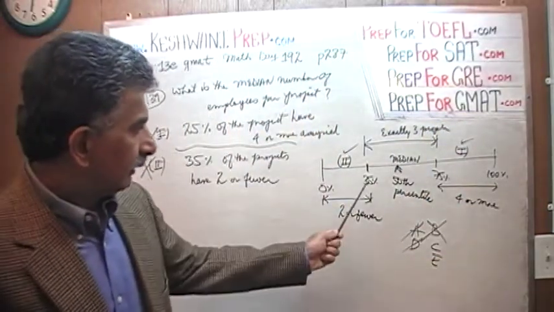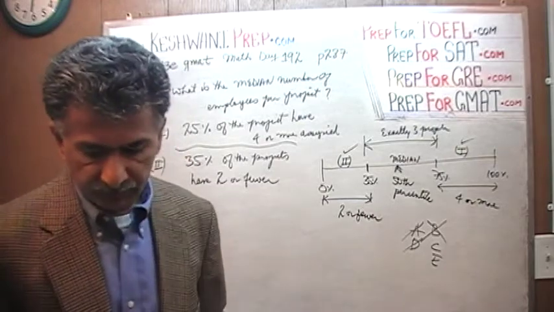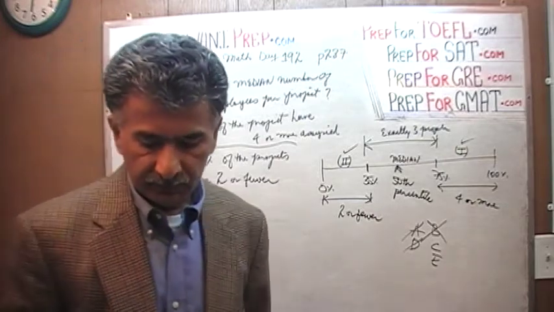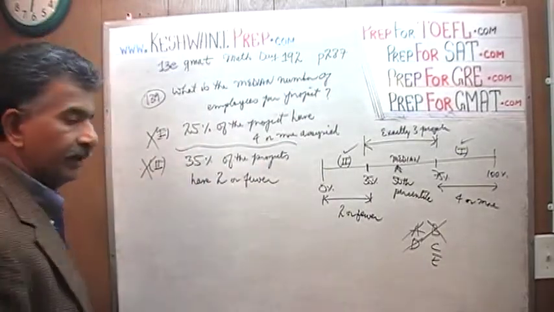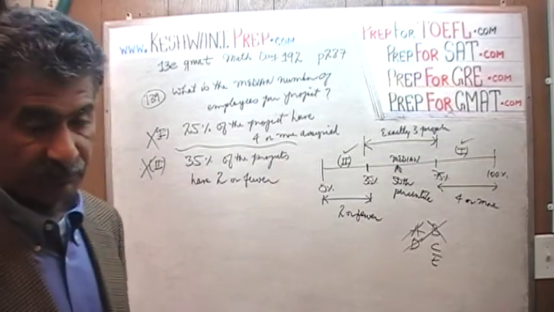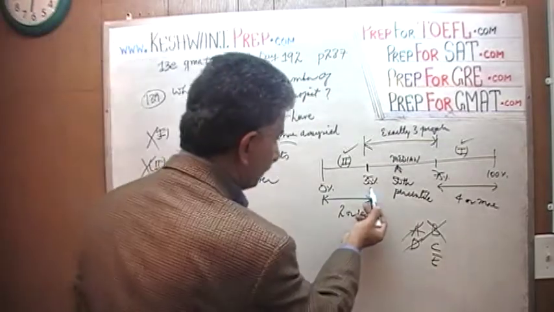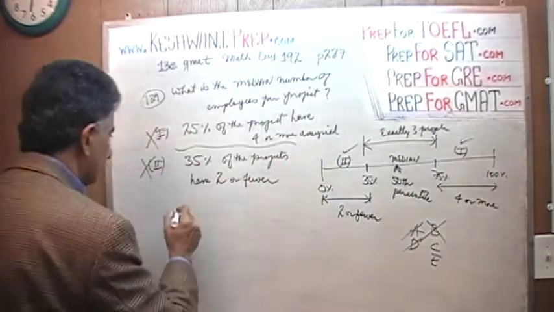The middle, 75 minus 35, is 40%. The middle 40% of the projects have exactly 3 people working on them. That 40% encompasses the 50th percentile, because this is up to 35%, and another 15 would bring you to the 50th.